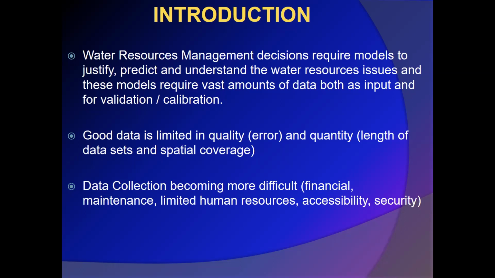It requires human resources with the appropriate skills to be able to analyze the data sets and ensure that they are of appropriate quality, so that we can make good use of these data sets to make our decisions. And then accessibility.